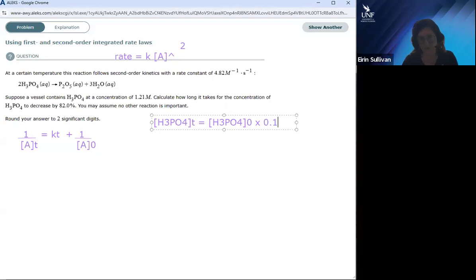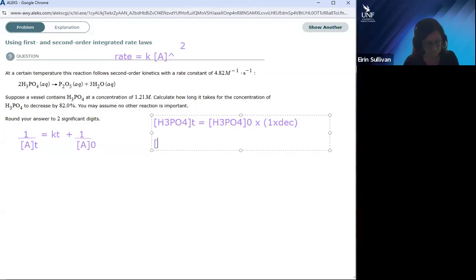Where I'm getting that from is 1 minus the decimalized percent decrease that we're given. 82% is 0.82, so it's decreased to 1 minus 0.82, which is 0.18.